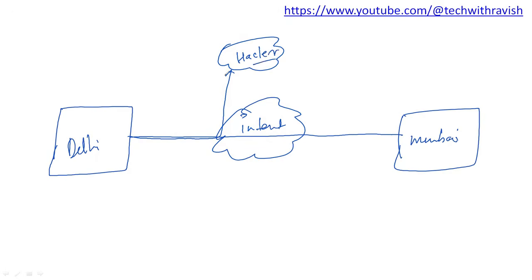Okay. So what does VPN basically do? VPN creates a secure encrypted tunnel between the source and destination. Between a source and destination, this is a private path over the public network.